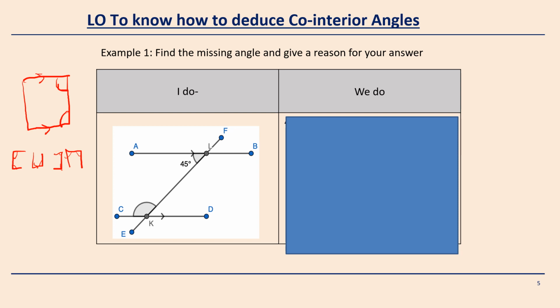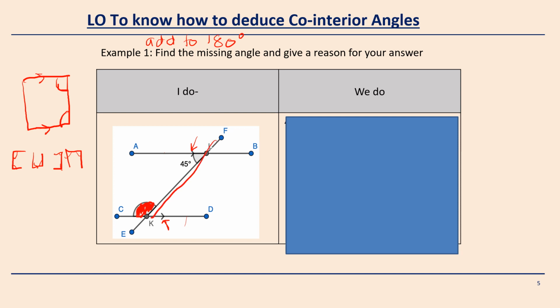So find the missing angle. It's this angle here that's highlighted in grey, which I'm just colouring in red now. How can I work out what this angle is? Well, the arrow there and that arrow there tells me that these two lines are parallel. So co-interior angles, what do we know about them? They add to 180 degrees. Remember how we find angles?